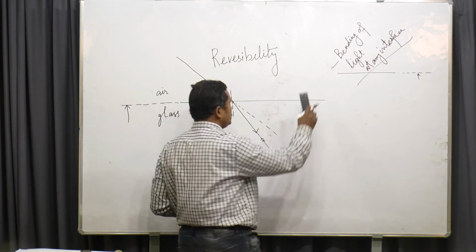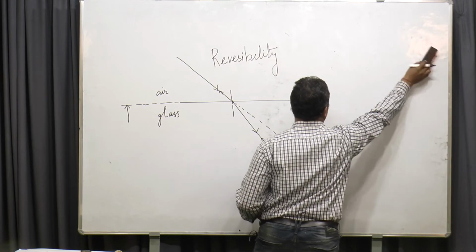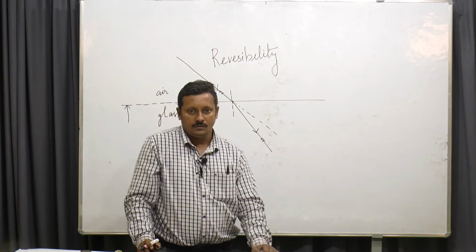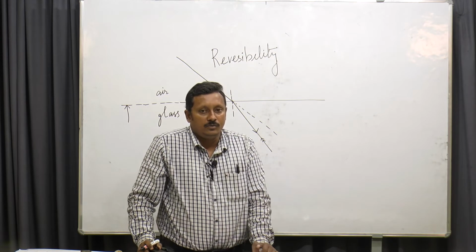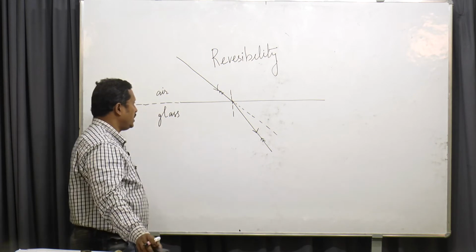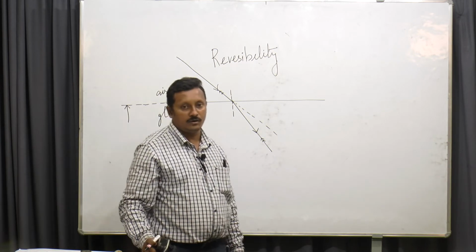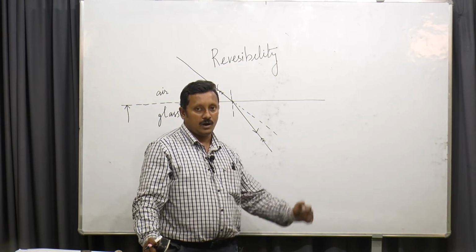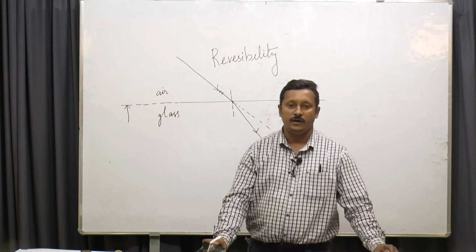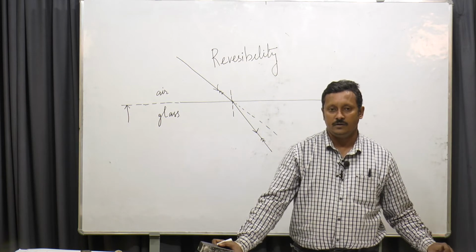Now the main thing is that I am not drawing the bending as per my choice. What I am doing with this bending is because I have the law, I know how to bend and how much extent I will bend.